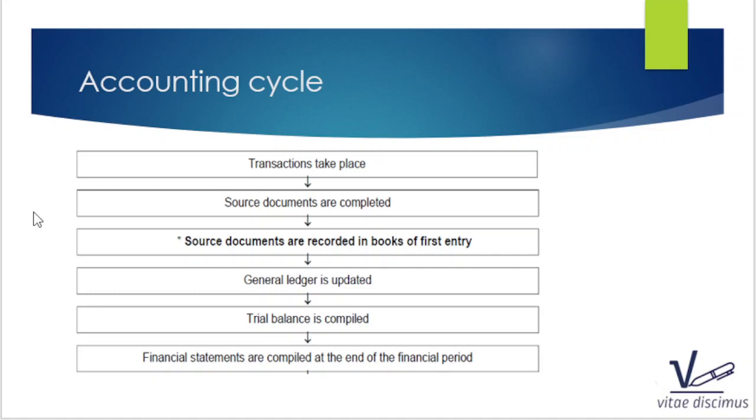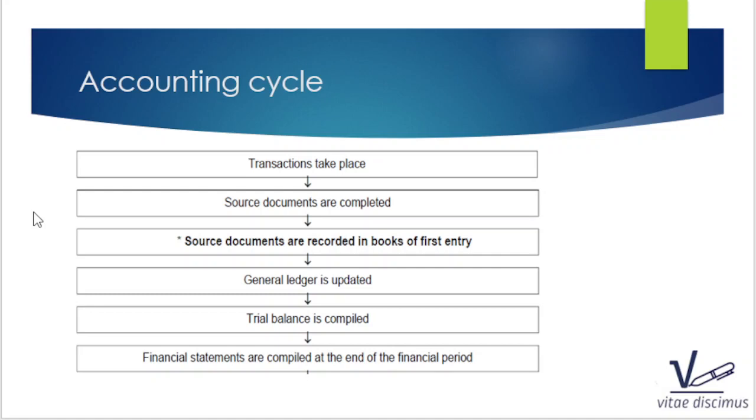The source documents information is then taken to be recorded onto the books of first entry, which are the journals. Then the journal totals would then be transferred to the general ledger accounts.